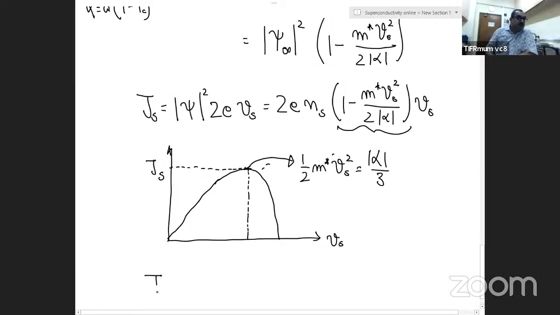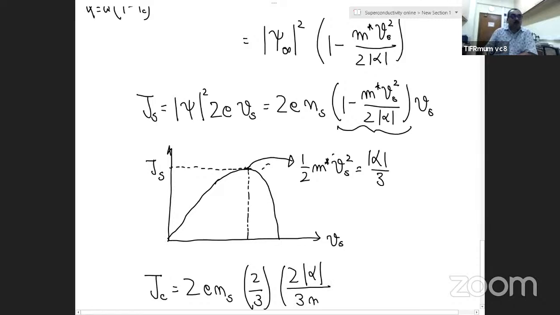Okay, so then I can plug this in and find the critical current. And the critical current will be twice E ns into 2 by 3 into twice alpha by 3 m star to the power half.